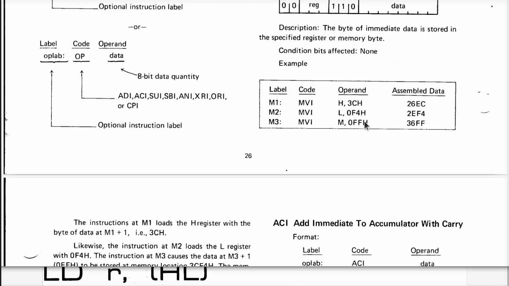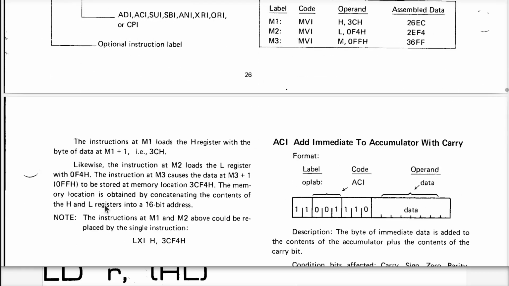Okay? And what that means is in 8080, when I was writing 8080 code, I would think move into memory M the value FF. Well, where in memory does it go? Well, it goes into memory at the address that's stored in the HL register pair, and you'll see that written down here somewhere.